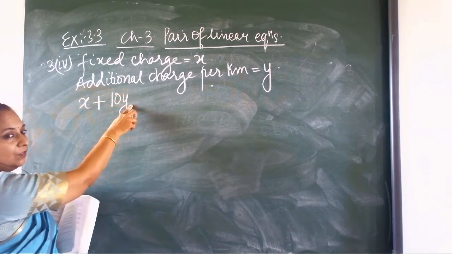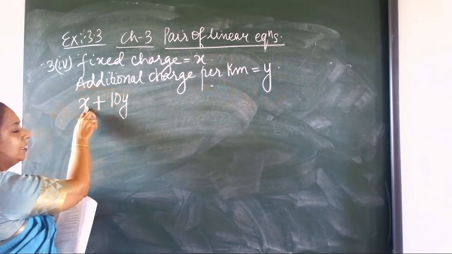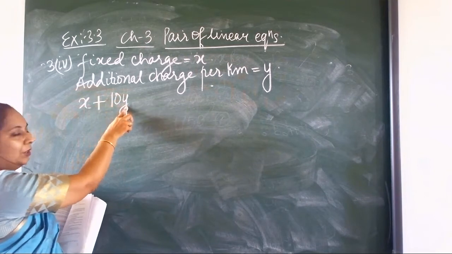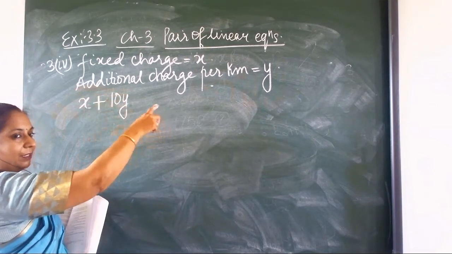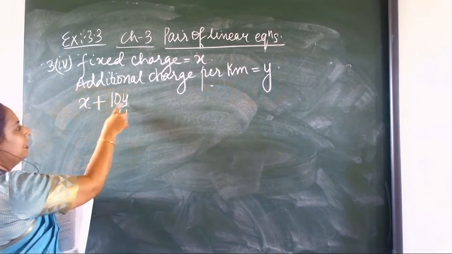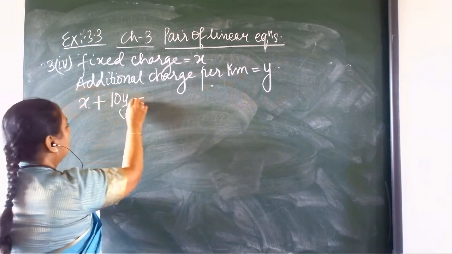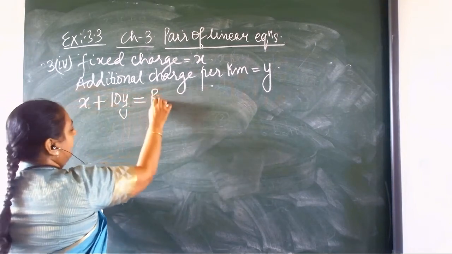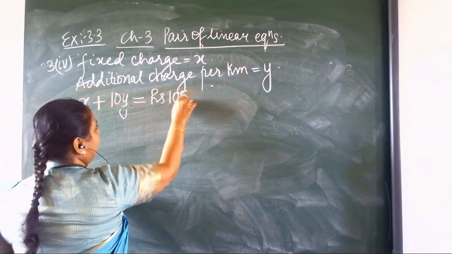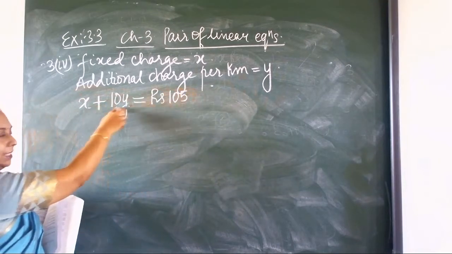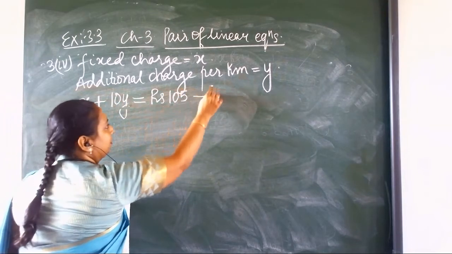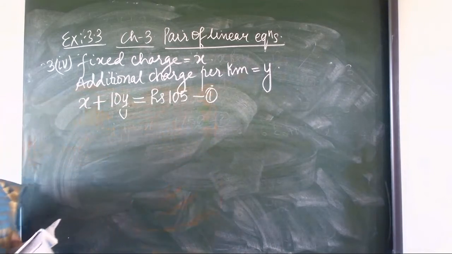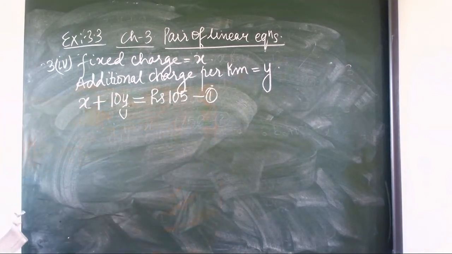This is the charge for the 10 kilometers. Fixed charge is there. You have to add for the 10 kilometer distance also, the charge becomes 10 into y, and the total cost you are paying for 10 kilometers is 105. So x plus 10y is equal to 105 is the first equation.